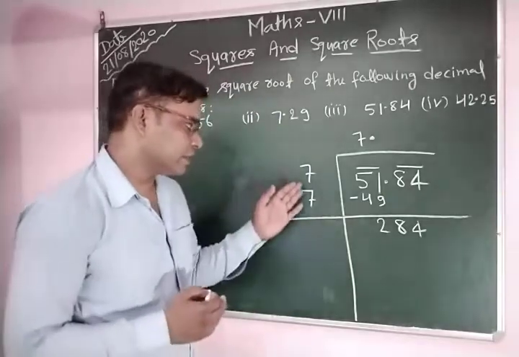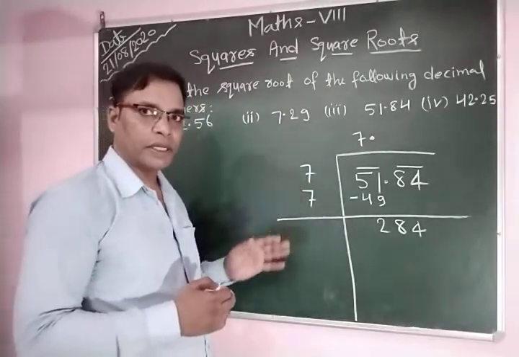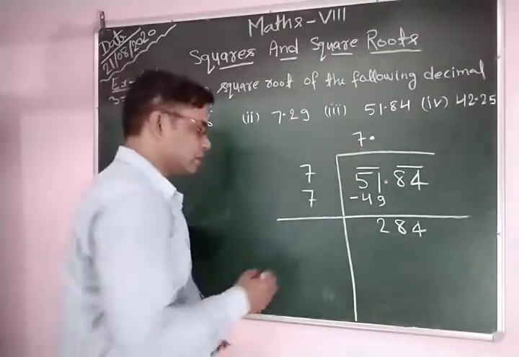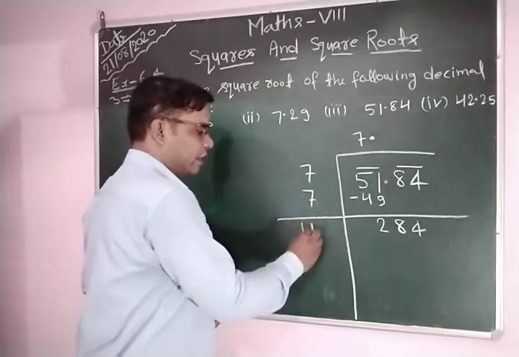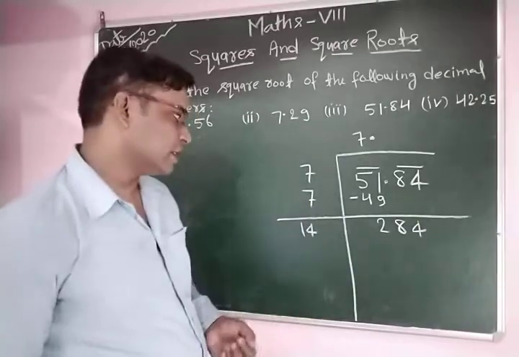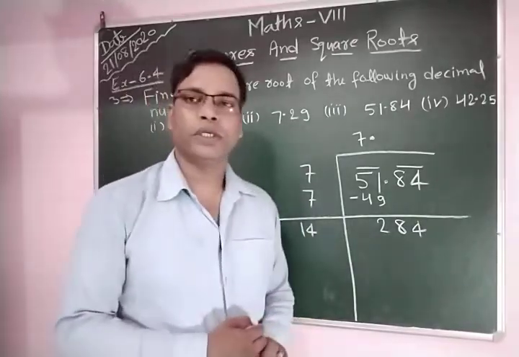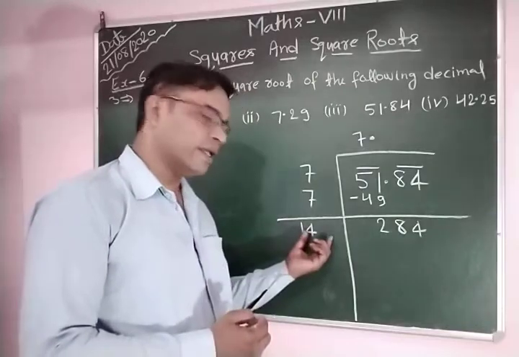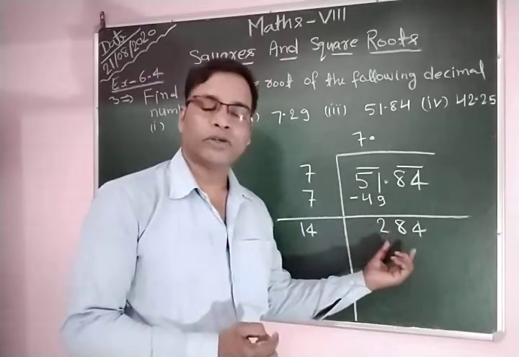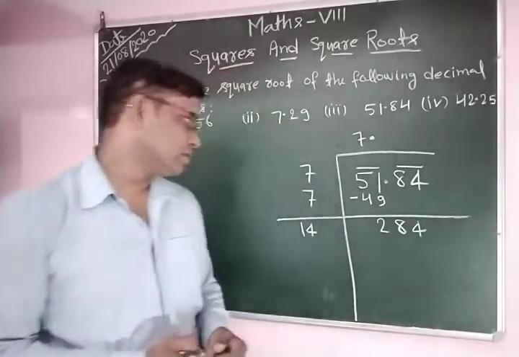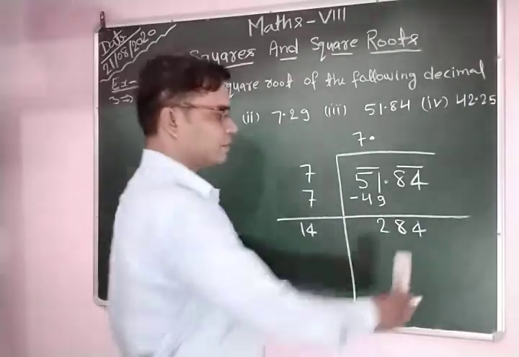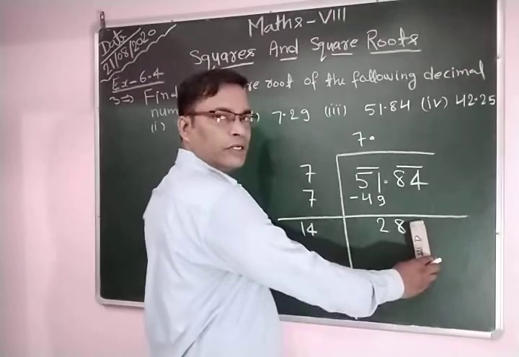After this we sum 7 plus 7, or you can write the double of this quotient. This is 14, and leave one place empty. Select a number such that the product with the new divisor is less than or equal to 284. So how do you know this number? We can hide this 4, then you can see only 28.